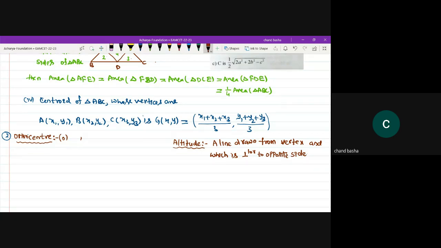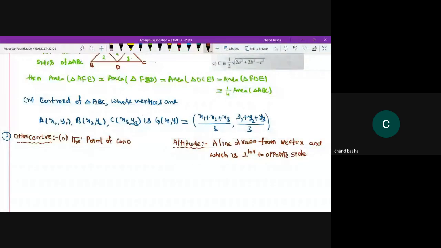And the orthocenter, denoted by O, is the point of concurrency of altitudes.